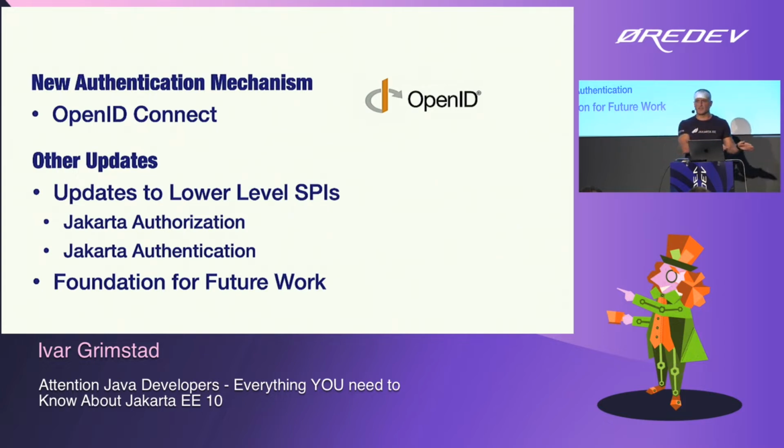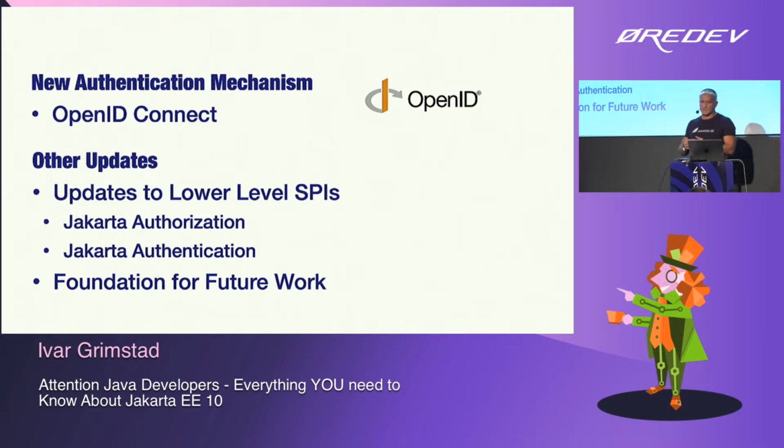And you could have used OpenID Connect with Jakarta EE applications before, but this is now in a standard way, so you can do it portable across application servers. So it's a standard for creating OpenID Connect configuration in your application. The other updates were updating the lower level specifications or SPIs.